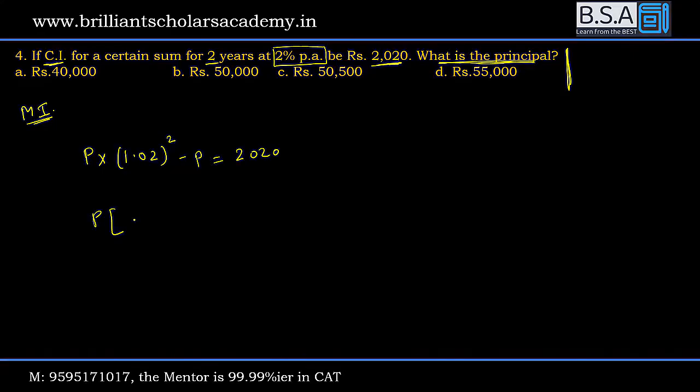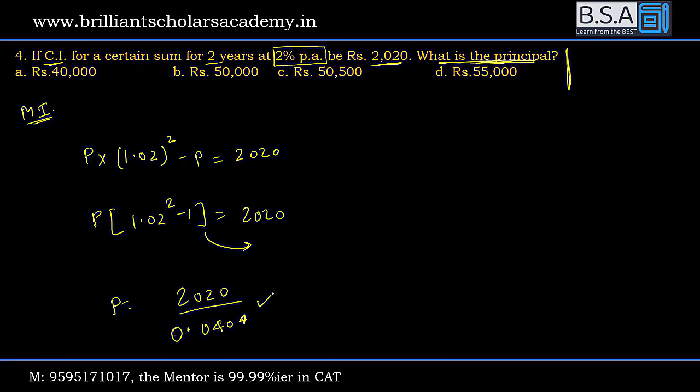So with a calculator, I will calculate the left hand side number and 2020 and divide that here. Put in the denominator. P is equal to 2020 divided by, this is point, I think 0404. Your answer is ready in the next step.